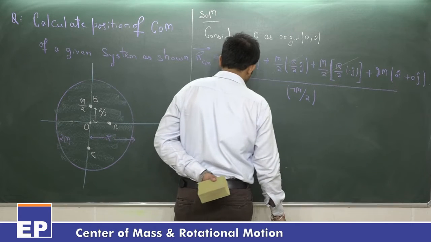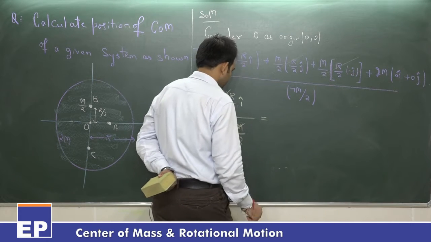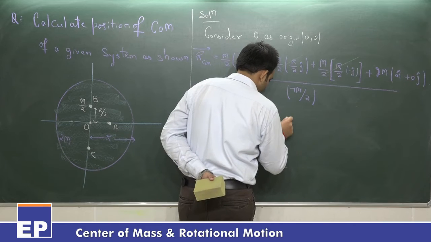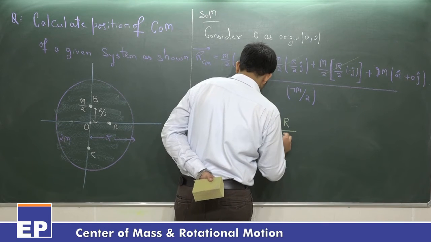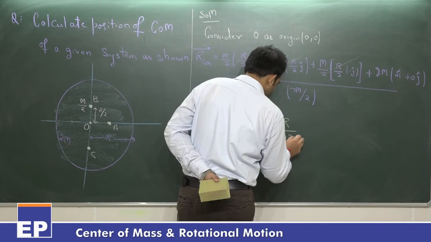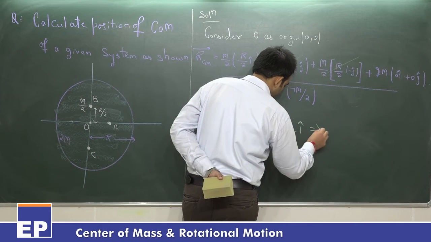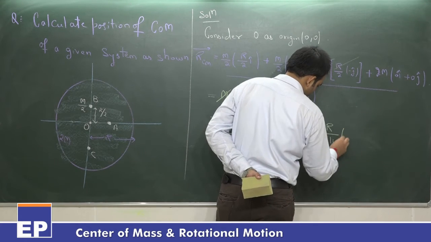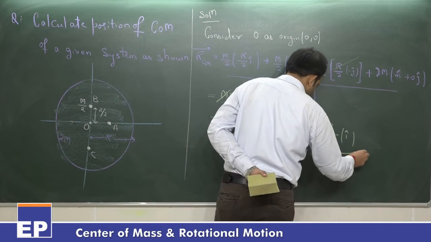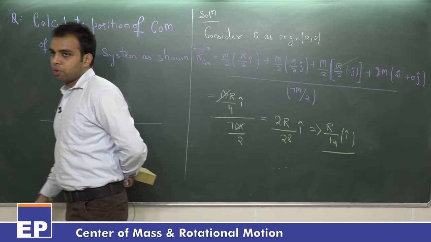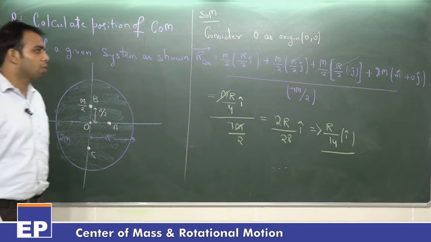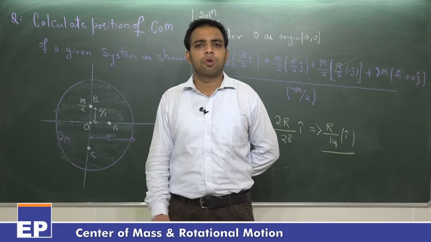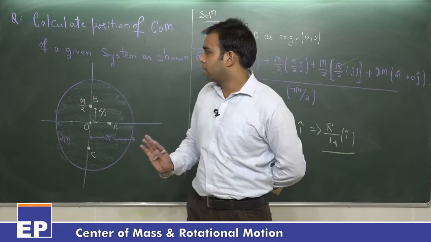That will come out to be 2r by 28 i cap, that will come out to be r by 14 i cap, right? So this is the location of the center of mass for the given system. ये इस given system के लिए center of mass की location है, समझ आया? This is the thing.